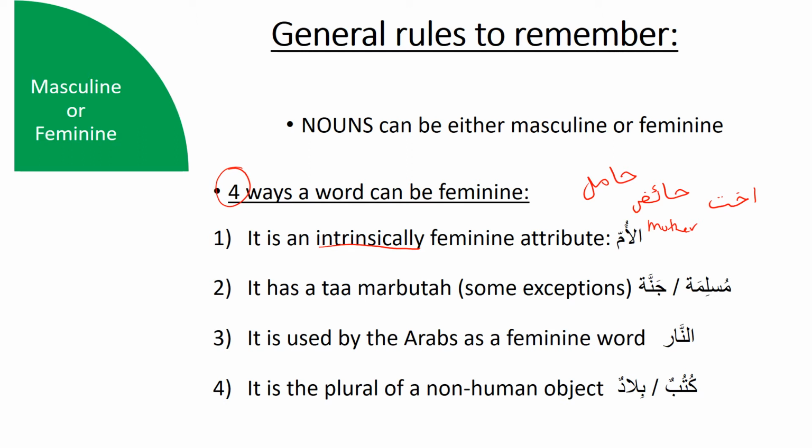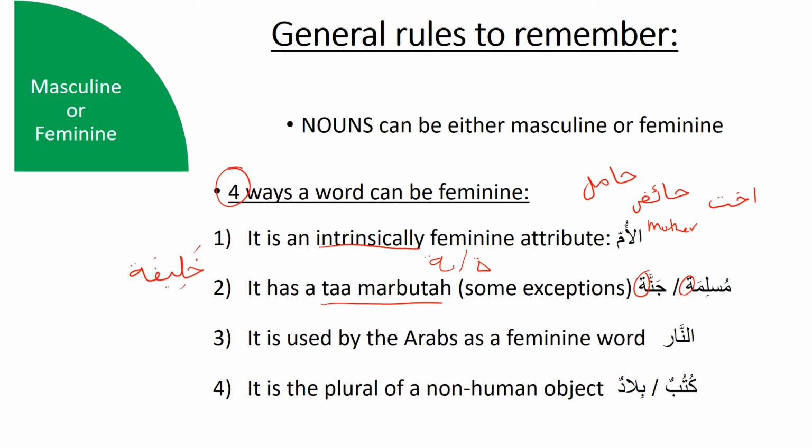The second way a word can be feminine is it has a ta marbuta. Simply, it has a ta marbuta either in its separated form or its joined form, like this. For example, muslimatun, jannatun, generally they're going to be feminine. However, there are some exceptions to this rule which I want to bring to your attention. So, for example, the word khalifa. We have the word khalifatun over here.